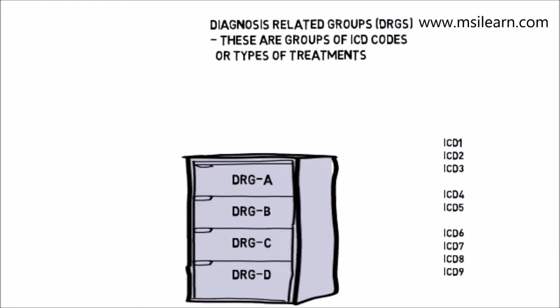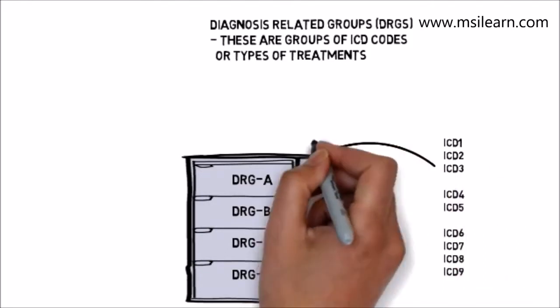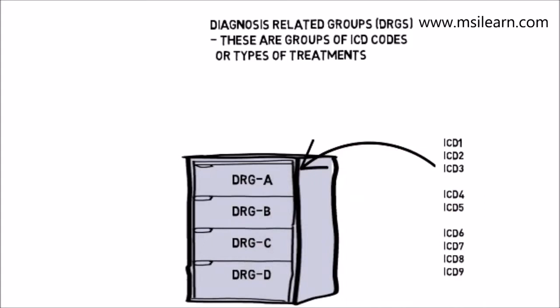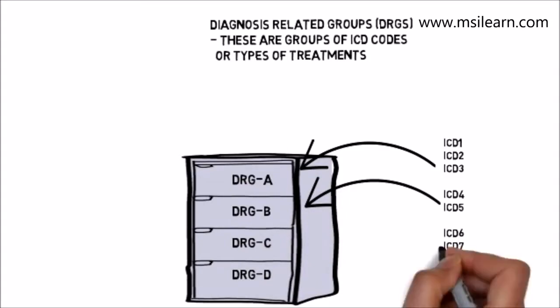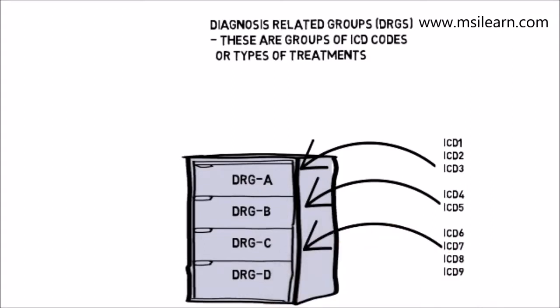So let's say there is ICD code 1, ICD code 2, ICD code 3. We group them into DRG A. Then there is ICD code 4 and 5. Let's group them into DRG B. And then there is 6, 7, 8, and 9. Let's group these ICD codes into DRG C.